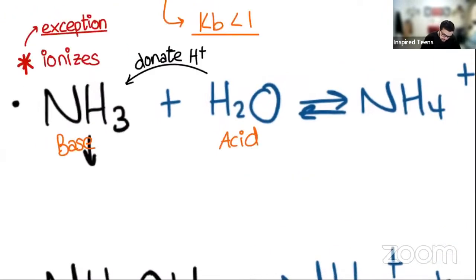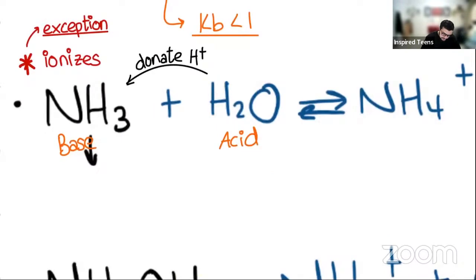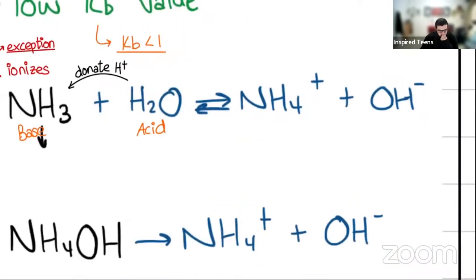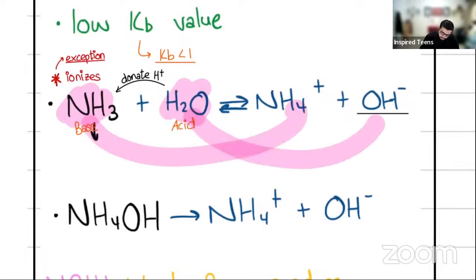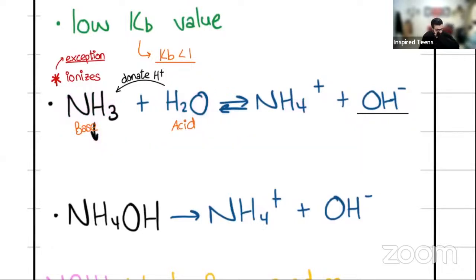Since H2O donates the H plus, it loses one of its hydrogens and becomes OH minus. So H2O is acting as the acid, NH3 is acting as the base. NH3 receives, H2O donates. This is the base, this is the acid, conjugate acid-base pairs. Hope that makes sense.